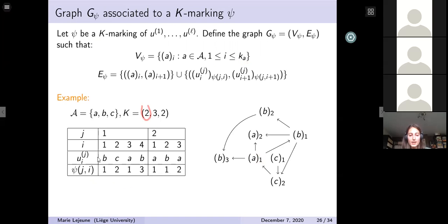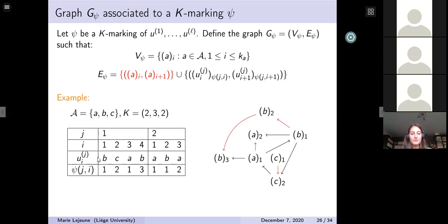So Ka is 2, I have the vertices A1 and A2. Kb is 3, I have the vertices B1, B2, and B3. And Kc is 2, so I have C1 and C2. These are my vertices.